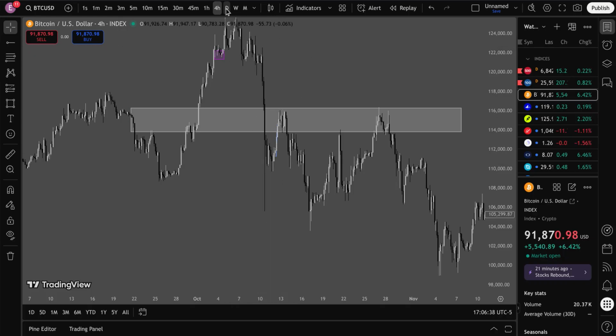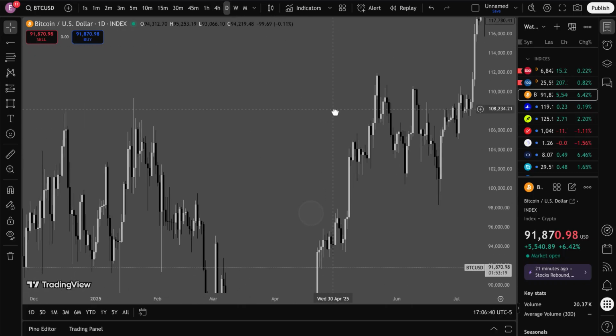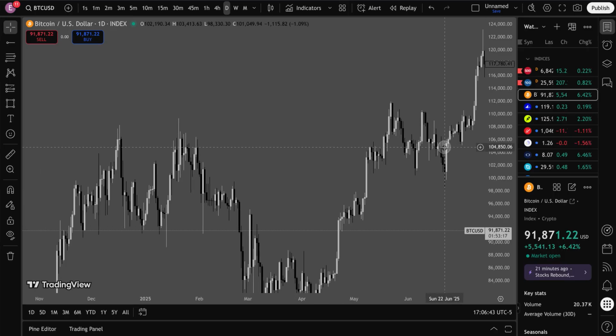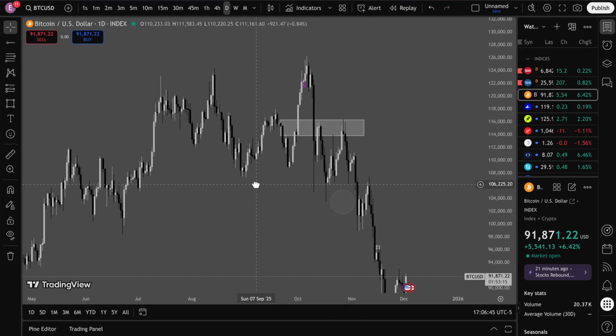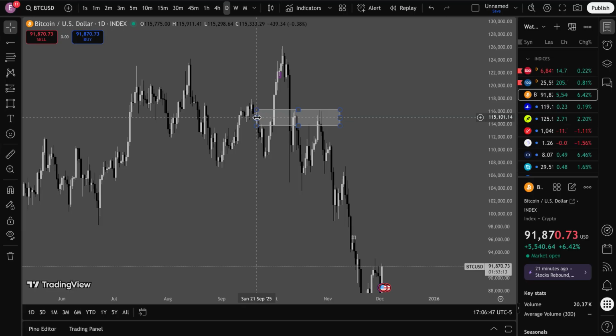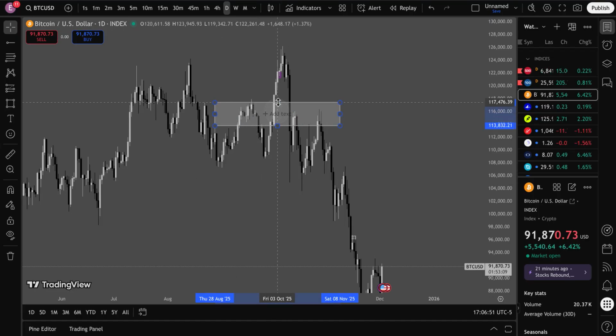Let's see if I can find any on the daily. Oh, here's a great example. We could maybe move this a little bit higher up, but as you can see, what is price doing? It's coming out, bouncing, bounce, breaks through, comes right back. This is another thing you'll see many times.